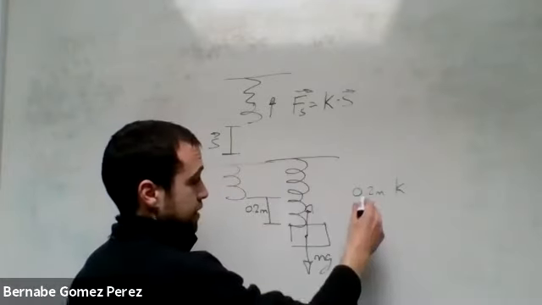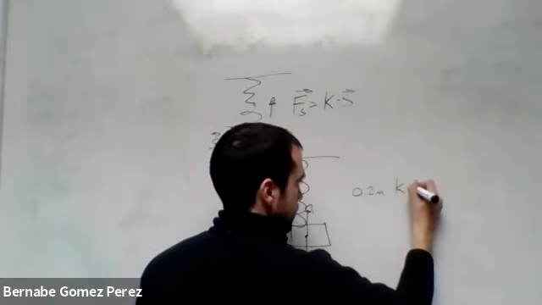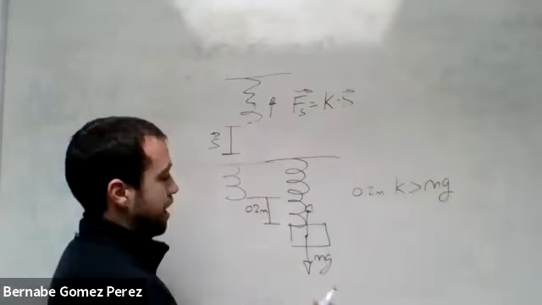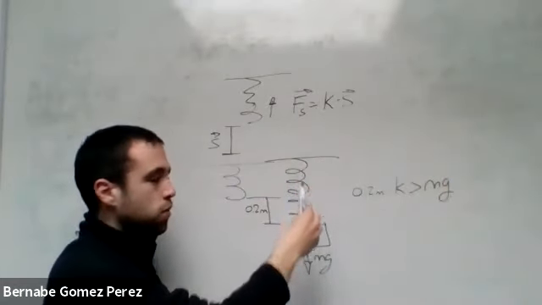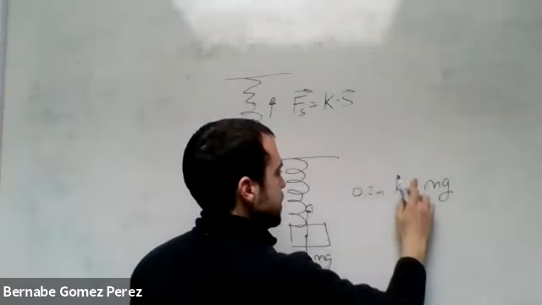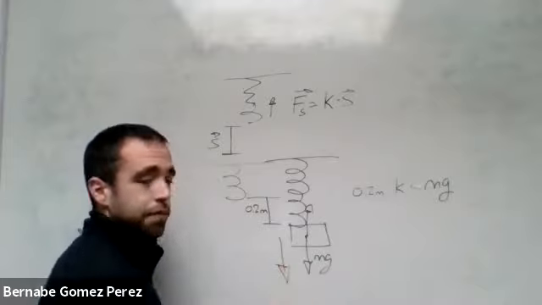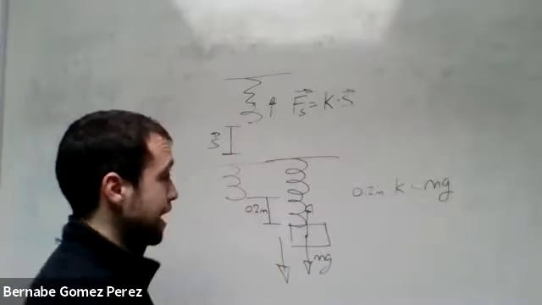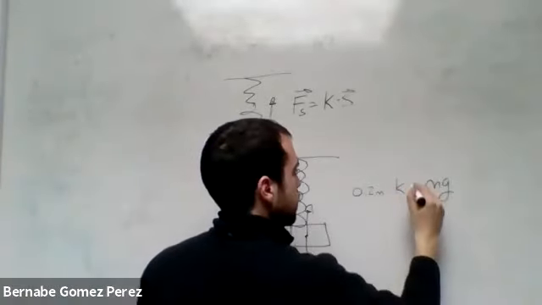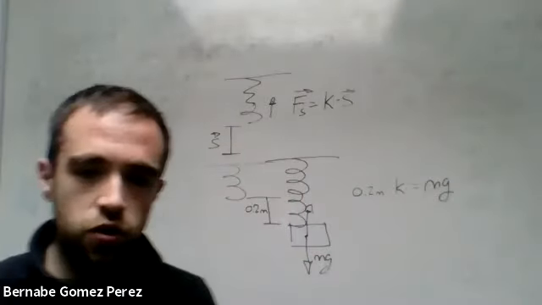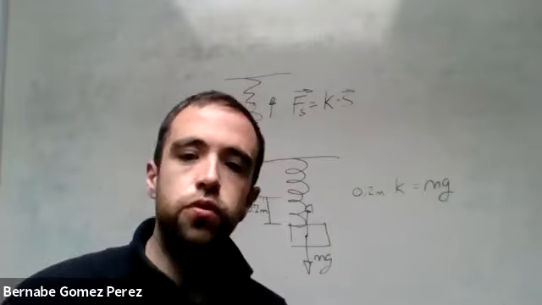So if this is bigger than mg, what is going to happen is that mg is going to go upwards. If this is smaller than mg, it means that the system is moving downwards. And if they are equal, the system is at rest. So this is also a way to calculate the equilibrium position.